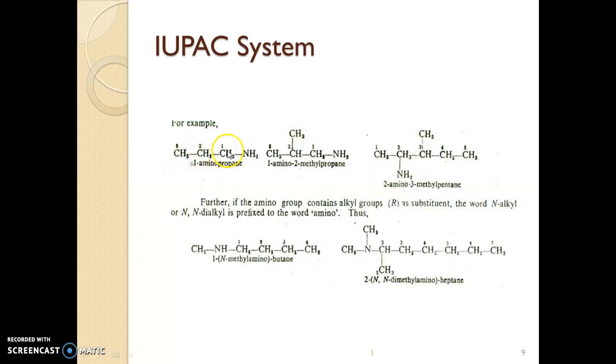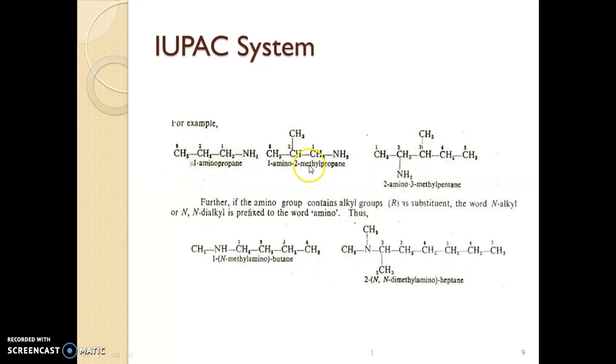At the first position the functional group amino is present, so we have written 1 amino, and the 3 carbon containing alkane, that is propane. So here we write 1 amino propane, because in the rule we have seen that whatever the structure of the aliphatic amine, we have to consider it as amino alkane.